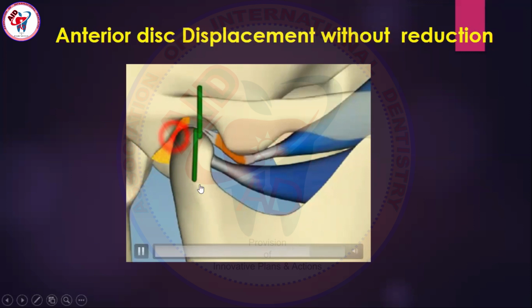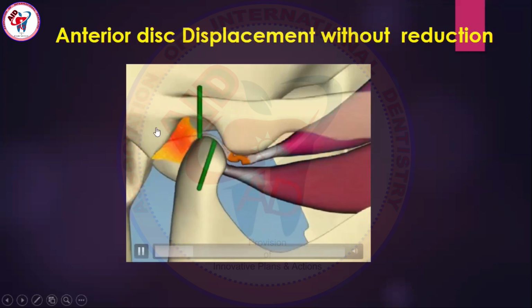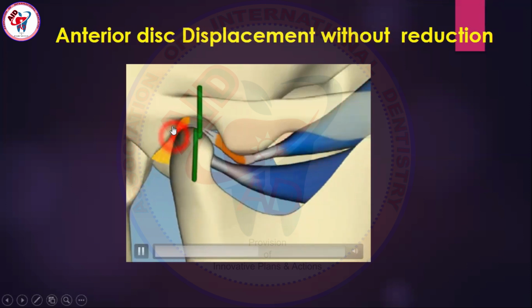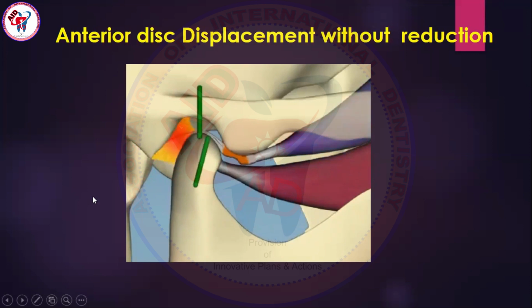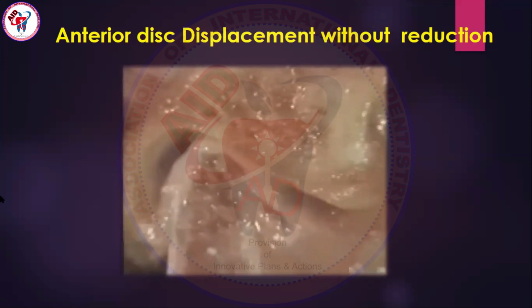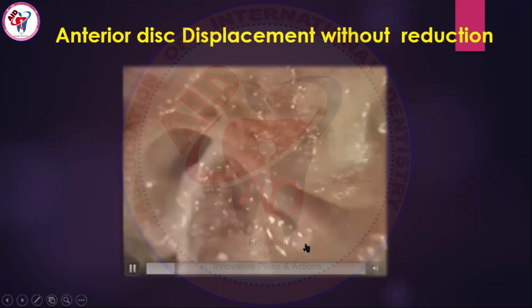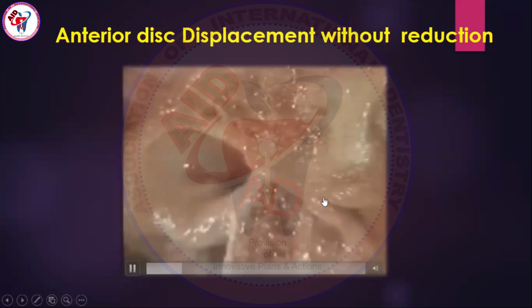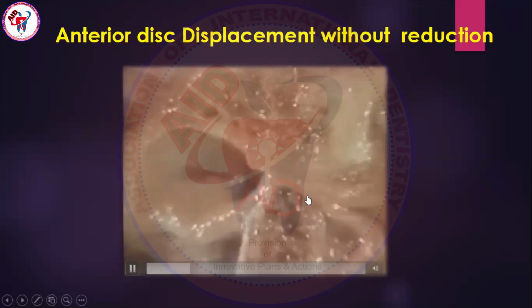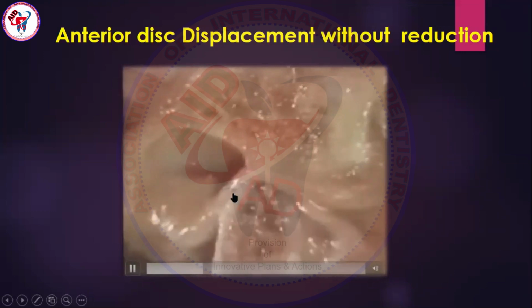This is the superior head of the lateral pterygoid, the inferior head of the lateral pterygoid, and you see the disc is not coming back over the surface of the joint. Actually, what happens? It is like this. You see, these are the posterior fibers, and that is the disc. The joint is moving over the posterior ligament or bilaminar zone.